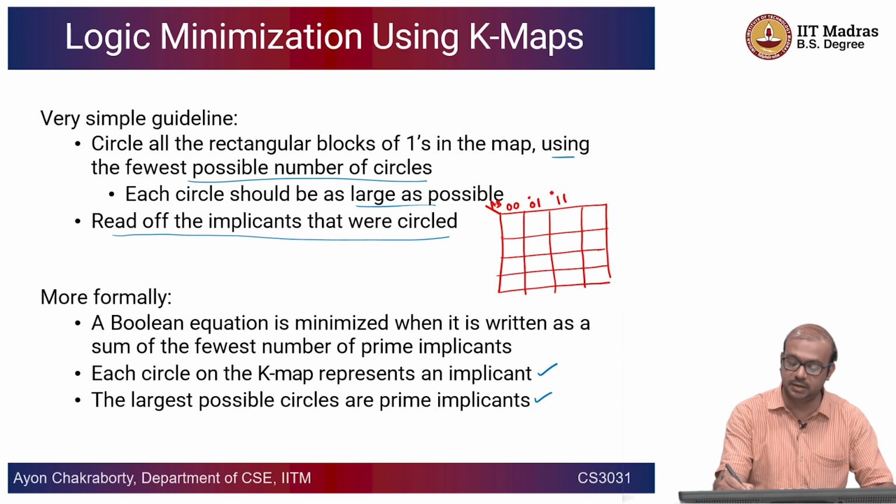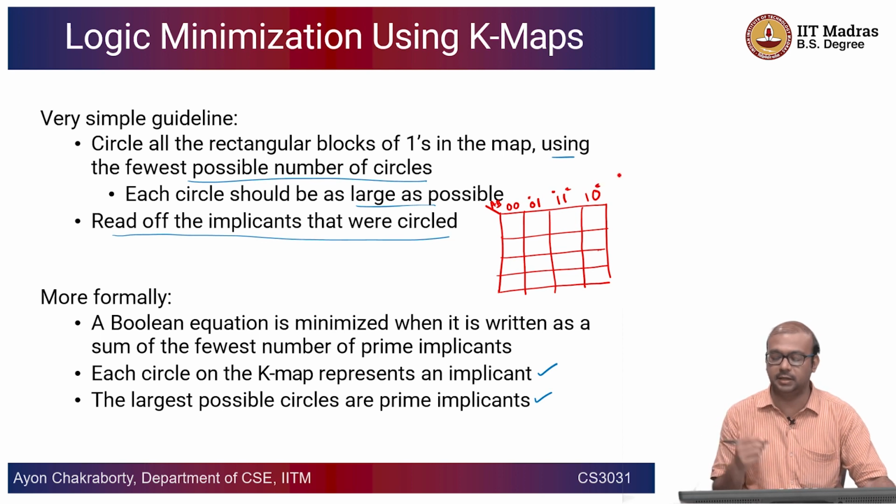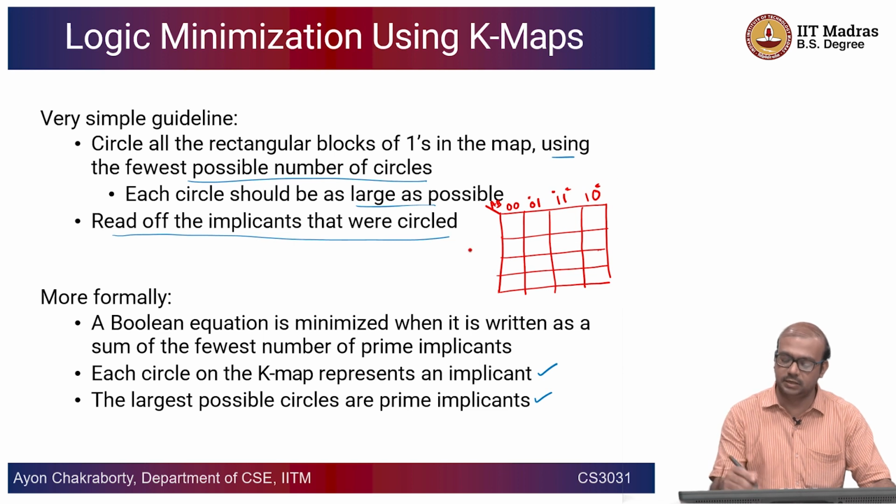So only this bit is flipped, the other bit remains as it is. After that, there is again one more bit flip, which becomes 10. The first bit remains unchanged, and the least significant bit undergoes a change. Similarly, here also you will do 00, 01, 11, 10 and so on.